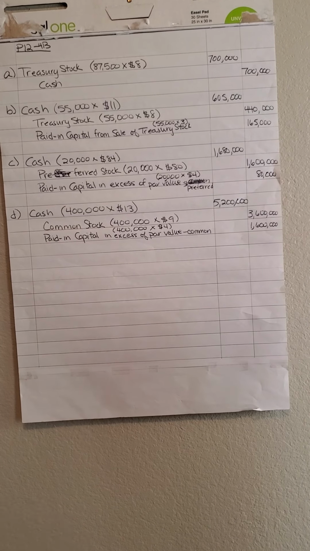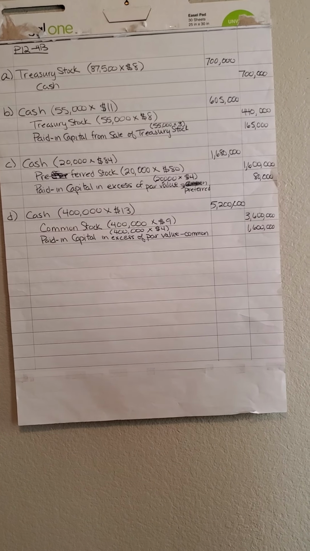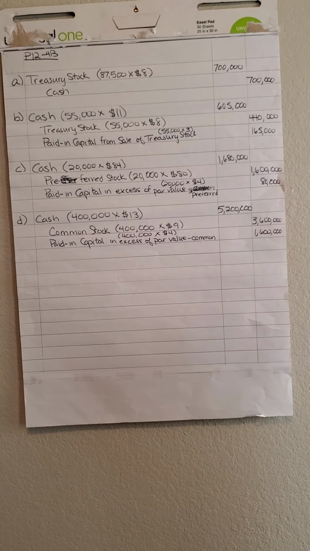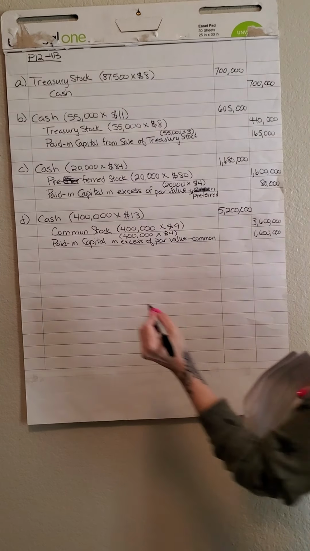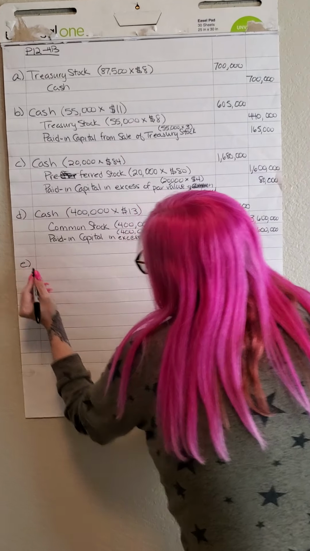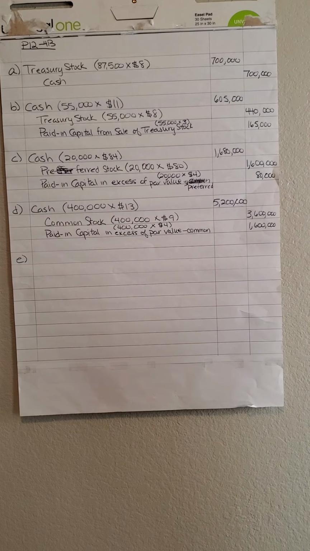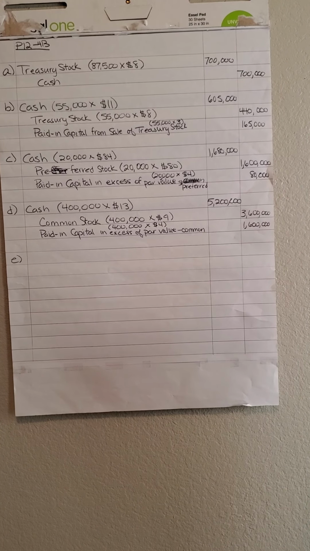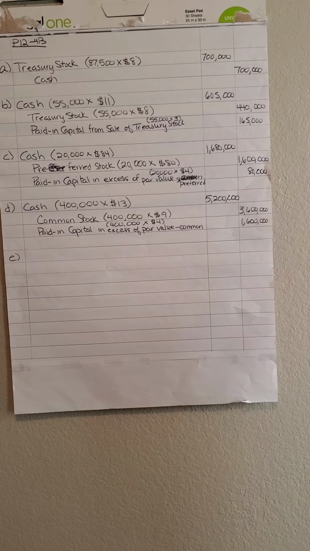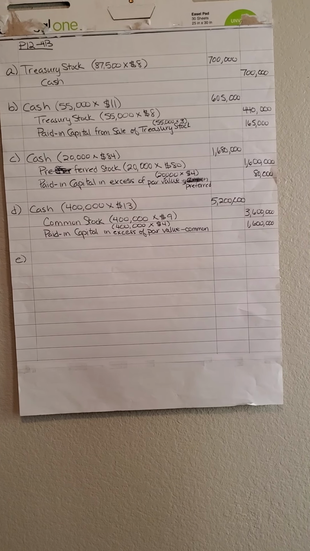Sorry about that. All right, so then our next item is E, and they tell us that in E, we sold treasury stock. We sold 18,000 shares of treasury stock common for $7.50 per share.